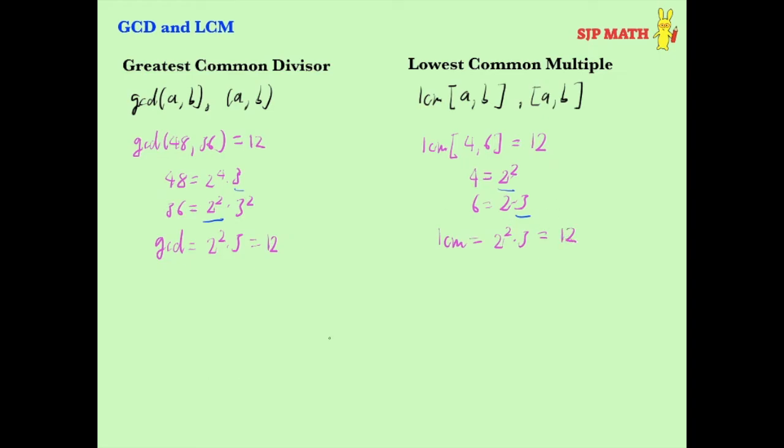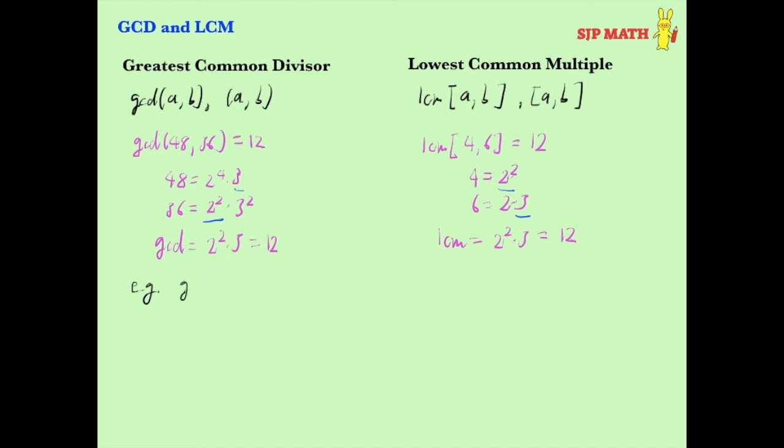So GCD and LCM are two different concepts. They're opposites, but they require very similar techniques and conceptual thinking, I think. That's how you find the GCD and the LCM. I'll give you some examples so that you can get your mind around this.